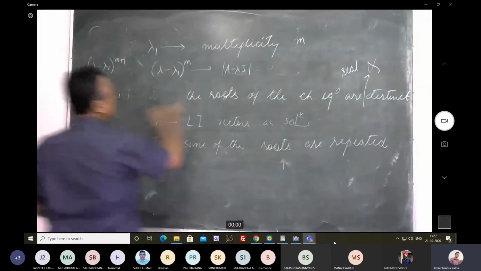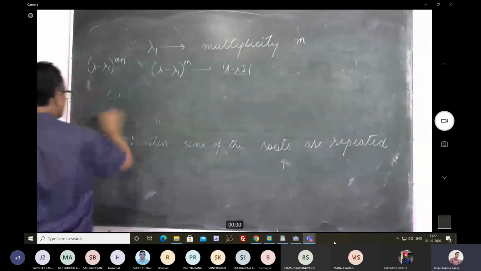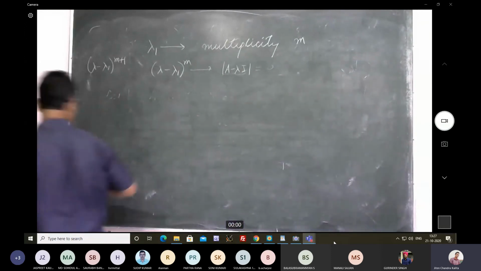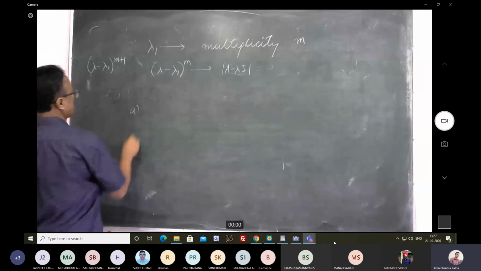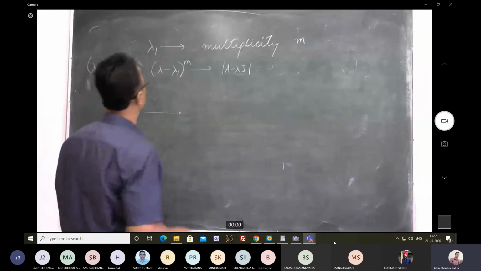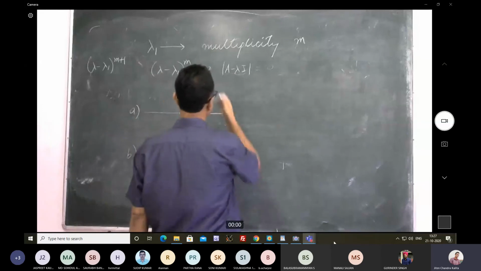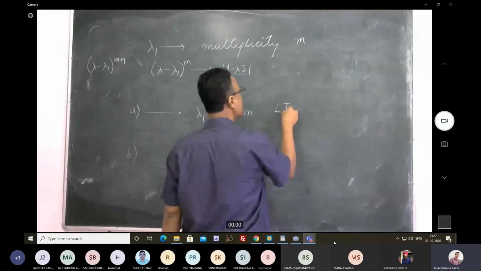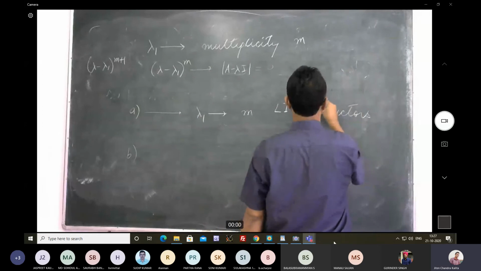What may happen when you have a root of multiplicity m? Again, some cases may happen. In tomorrow's class I am going to discuss in detail, but let me mention it. Two separate cases can happen. Corresponding to this lambda 1, you may be able to find m linearly independent eigenvectors.